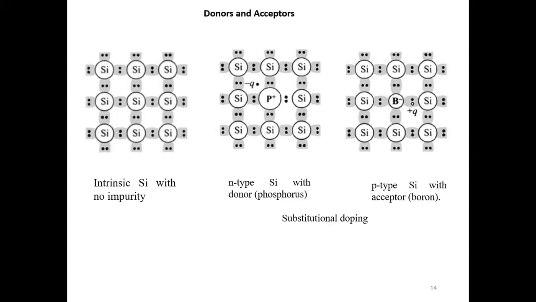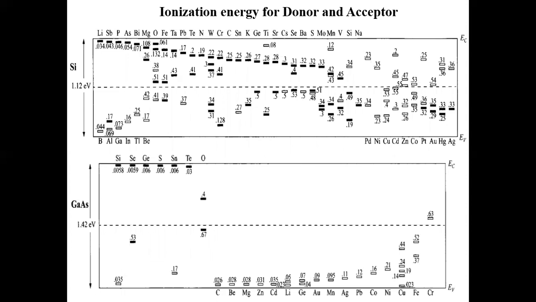So you have a silicon crystal without any impurity, and then an N-type one where you put in a donor, which is a P atom, and for acceptors you put in a negative one, which is boron. Now it creates donor and acceptor levels, which are helpful.